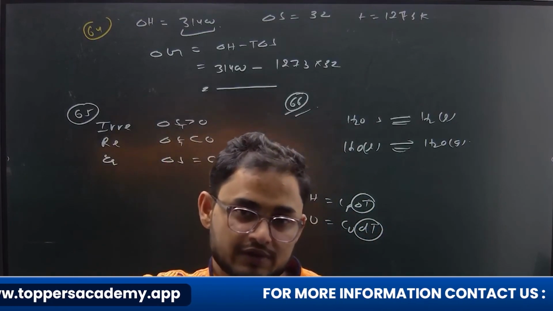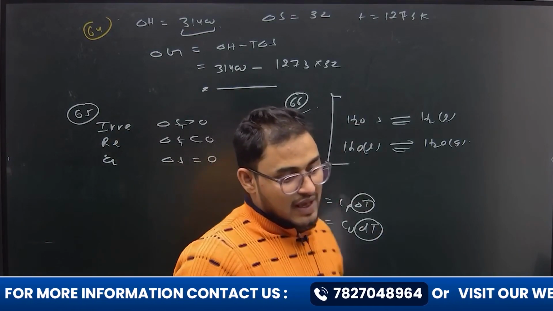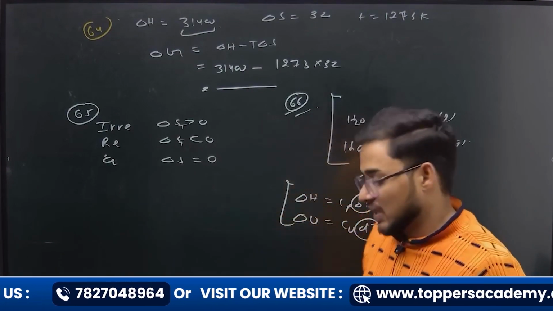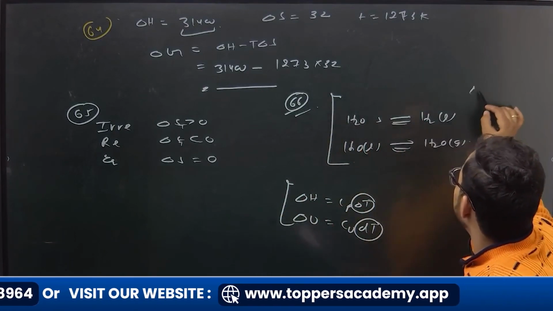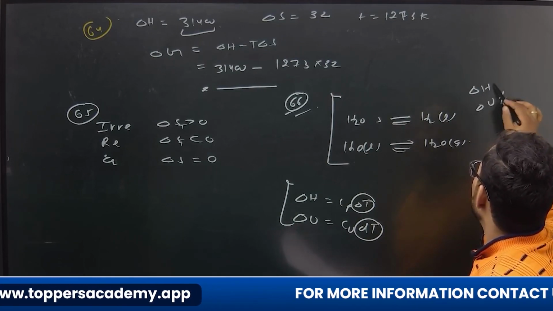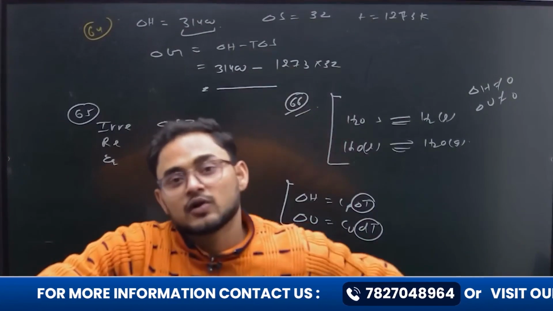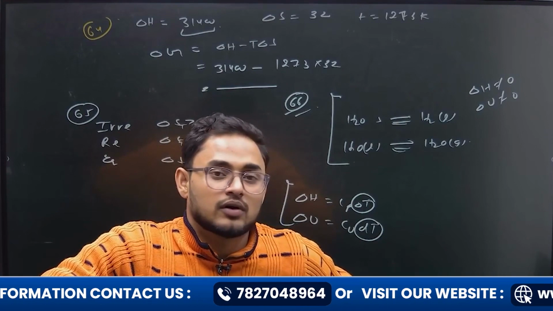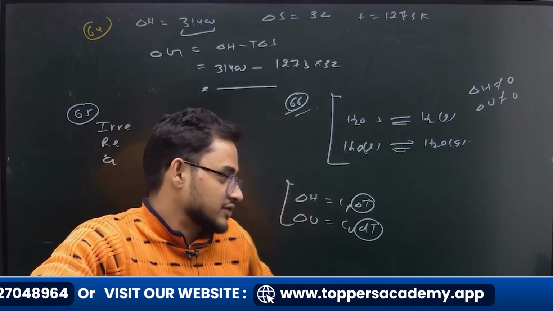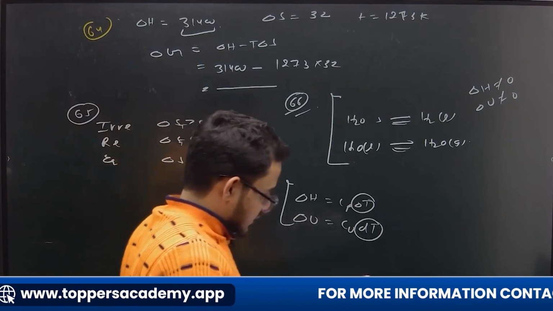But in case of phase transition, there is a change in the internal energy in the form of latent heat. So delta H and delta U will not be 0 in case of phase transition. The energy will be absorbed or released in the form of latent heat, so there will be a change in the total energy.